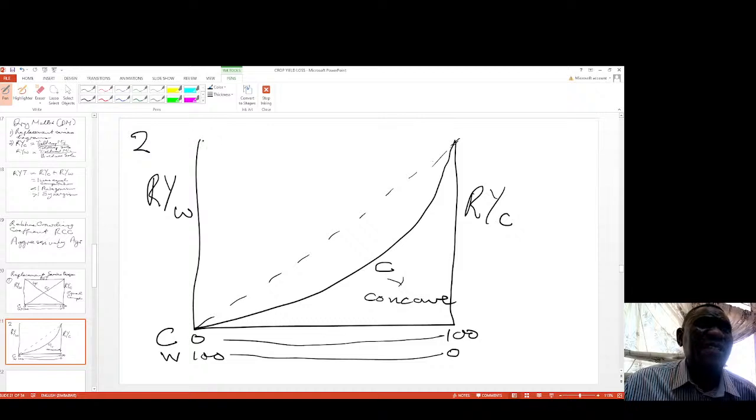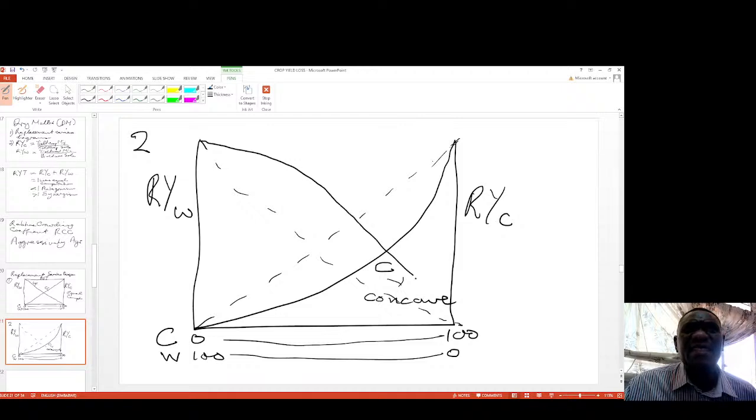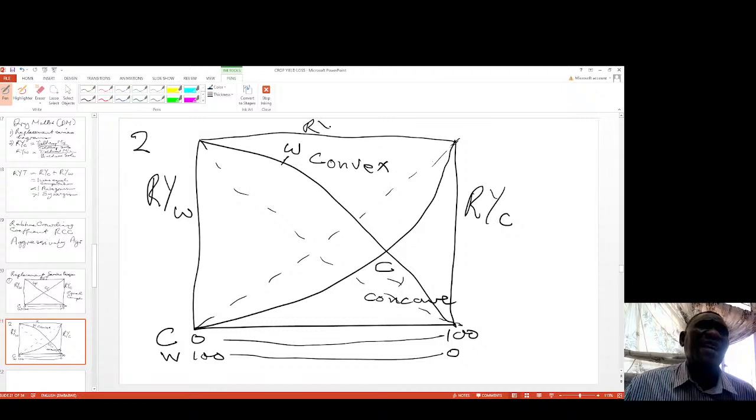Now, as for the wheat, which starts from the top, it may end up like this. And its shape is described as convex. And we are not worried at the moment about the RYT, which is the relative yield total.